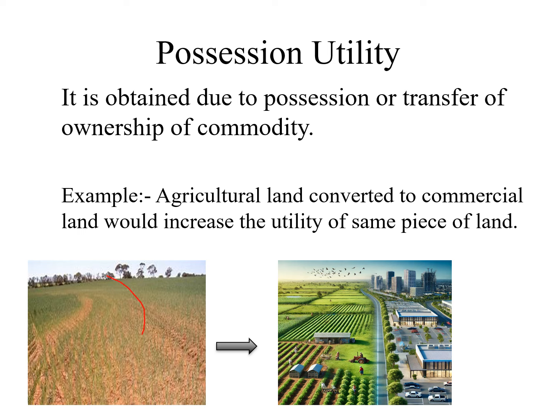Suppose this land is barren or unproductive, and if we transfer it into commercial land, then the same piece of land will produce a high amount of utility and give a large amount of benefits.